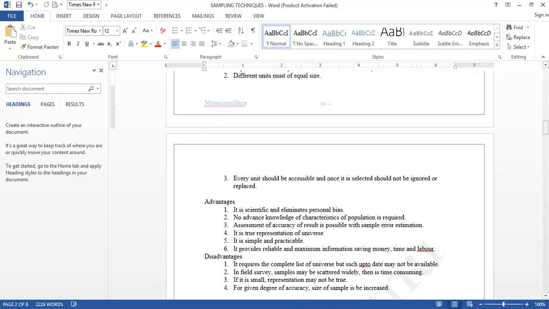So for a given degree of accuracy, you have to increase the sample size. But maybe you go back and say, "I want to minimize the cost incurred in my sampling process." If you compromise on accuracy in the name of saving some amount, then you end up with misleading elements.